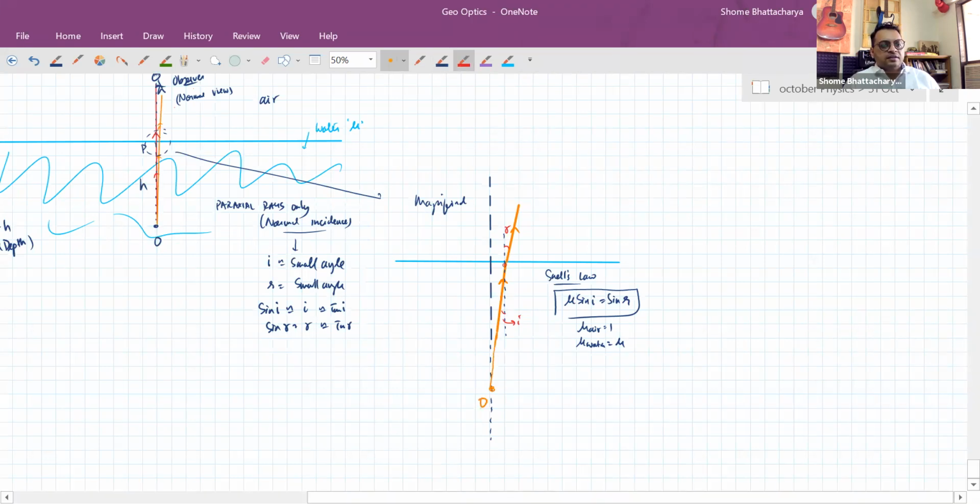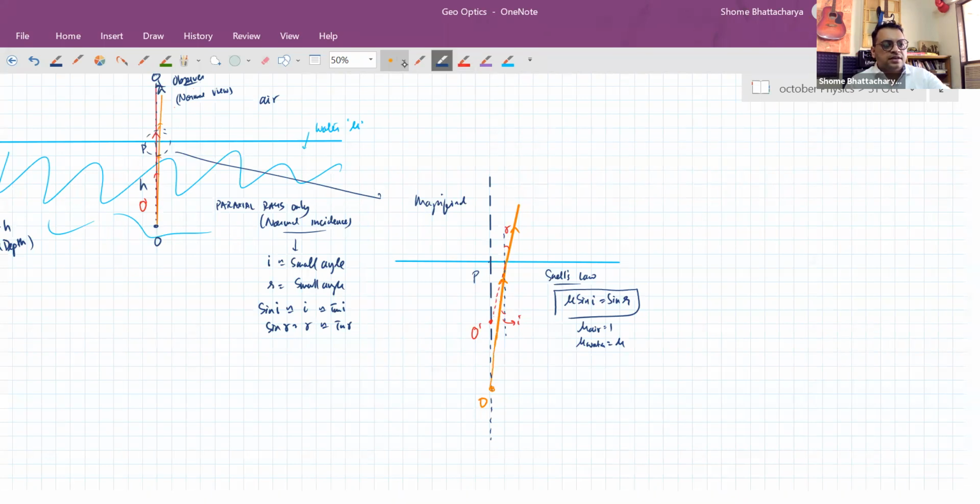And the refracted ray, when you produce it back, appears to be coming from some point like this. We can call it O prime, which is not the actual object, but where it appears to be. So the object appears to be at the point O prime, whereas actually it is at the point O with respect to this pole.